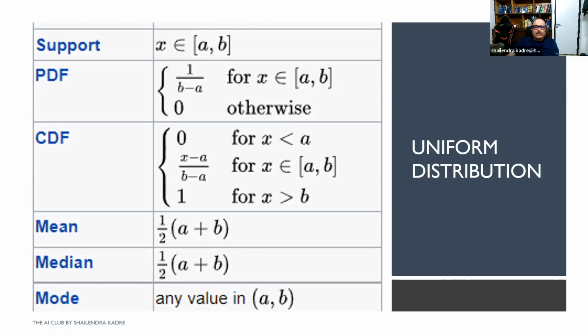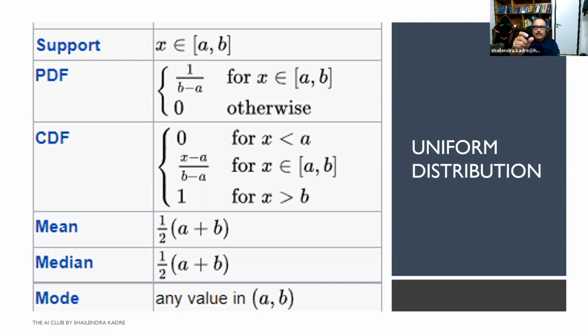Directly you can use this formula: X minus A upon B minus A, wherever X is between A and B. So that is your CDF, which is nothing but your cumulative probability.